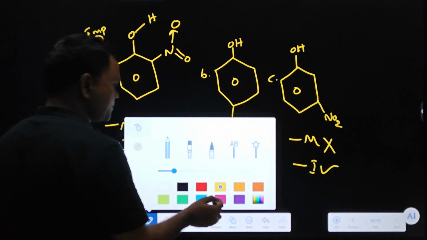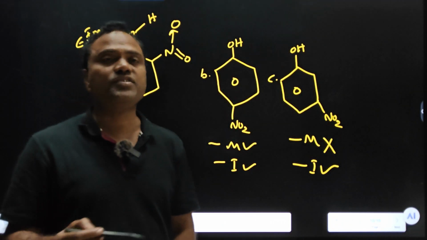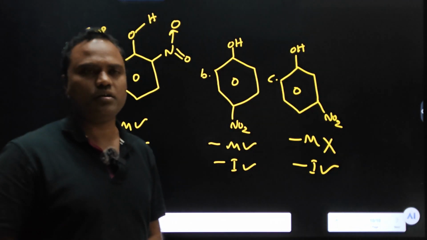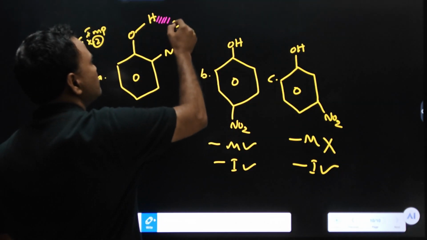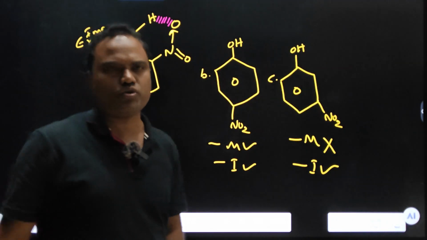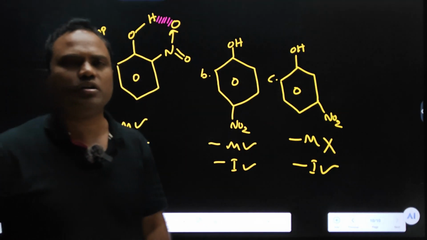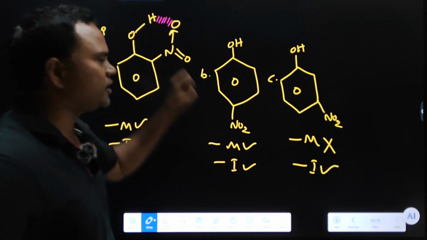Hydrogen bonding takes place. Under consequences of hydrogen bonding, you studied: hydrogen bonding is the weak electrostatic force of attraction between a more electronegative atom and hydrogen. Because of hydrogen bonding, this hydrogen is tightly held by the NO2 group.